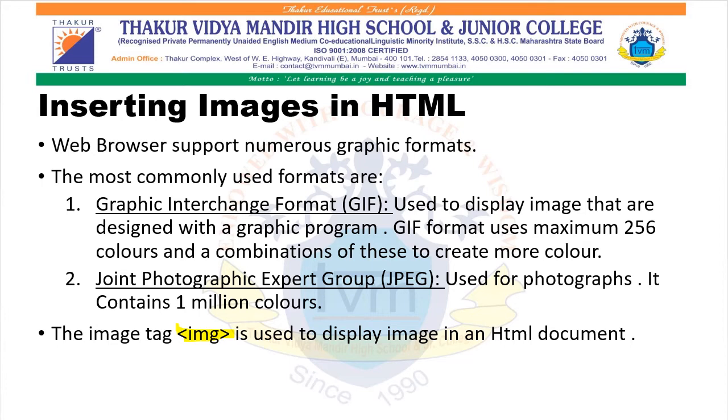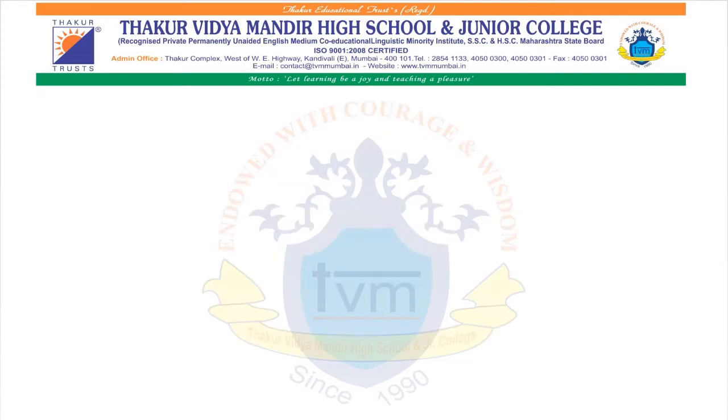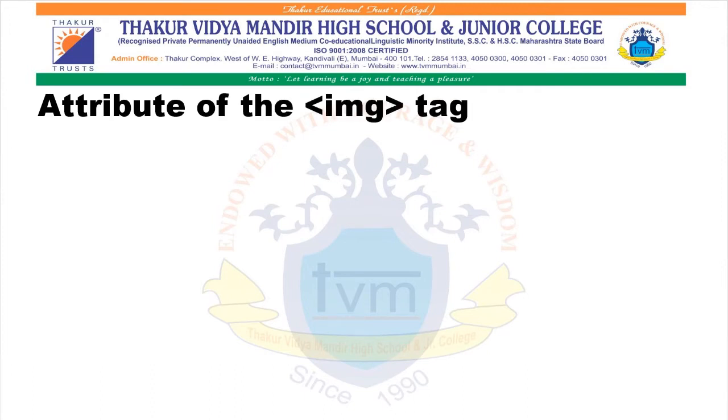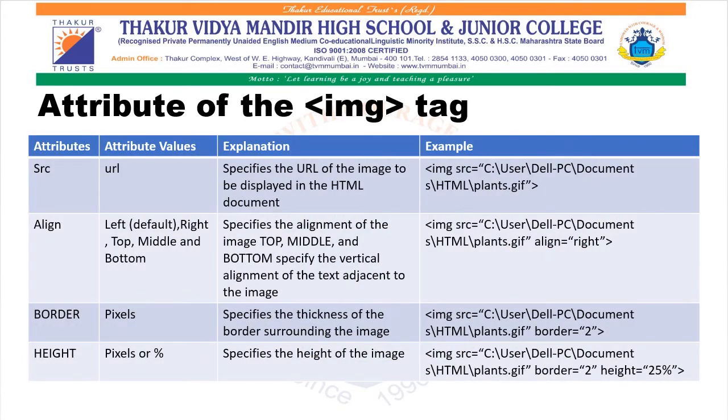Now there are a few attributes that are helpful while uploading the image. As you can see on the screen, the attributes here are source, align, border, height, width and alt. The source attribute has a value which specifies the URL of the image to be displayed in the HTML document.